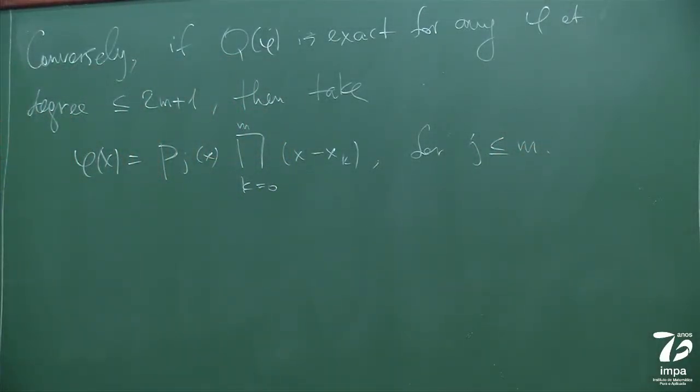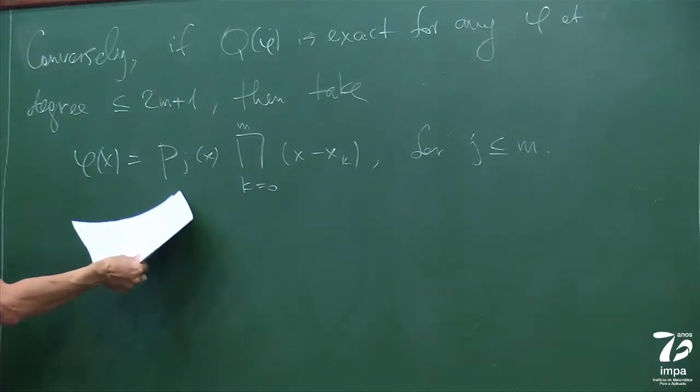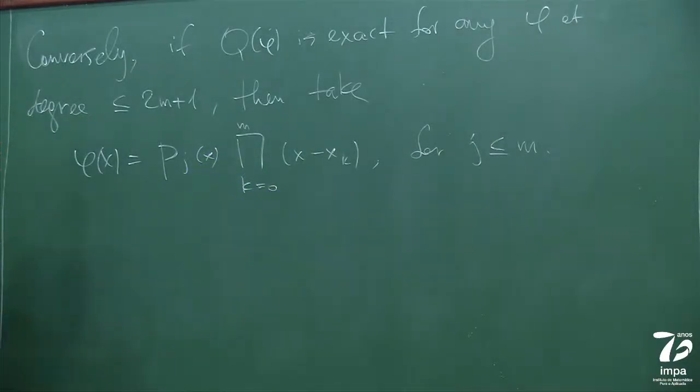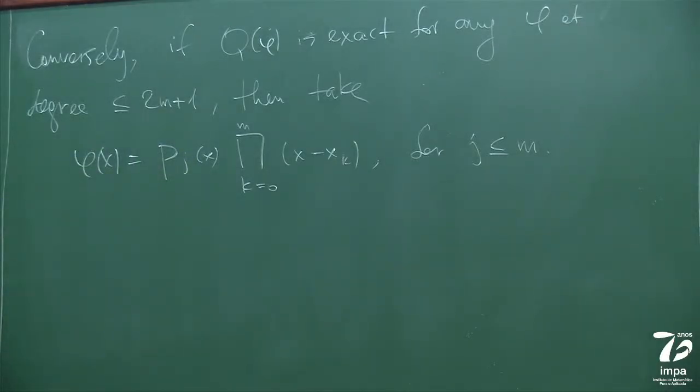So take first this polynomial from our set, and then put the product of these m plus 1 terms. So this is a polynomial of degree m plus 1, and this is up to m, so everything should work.